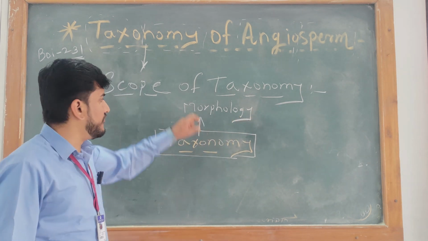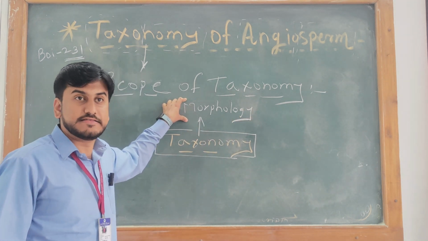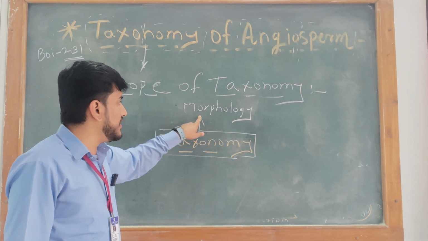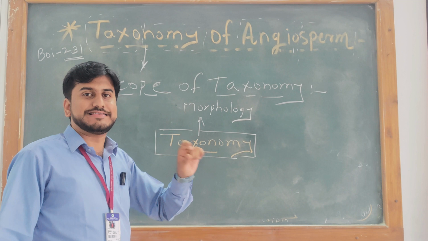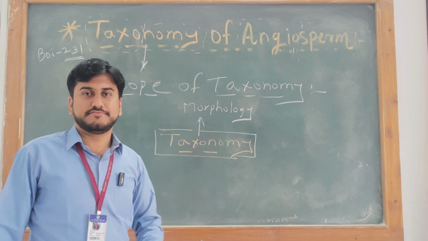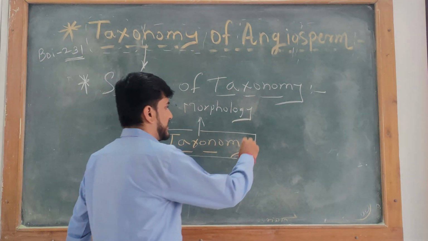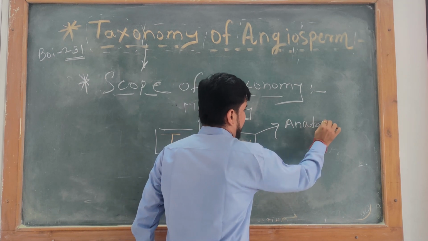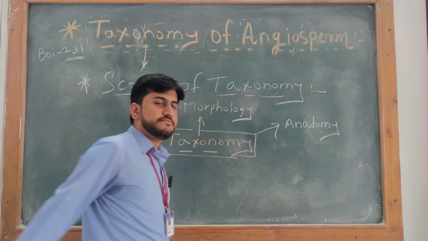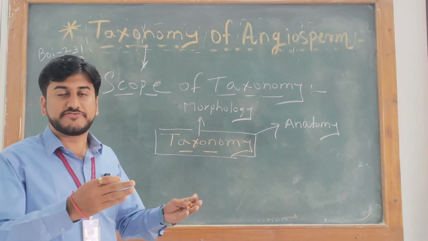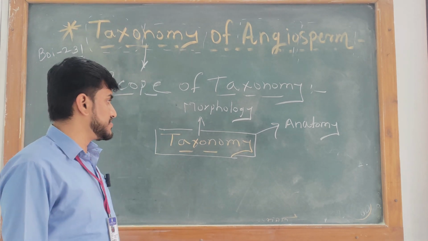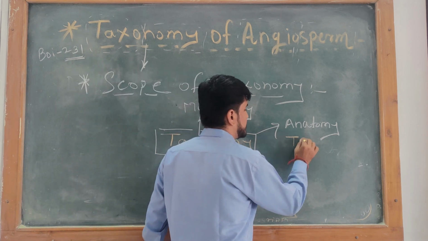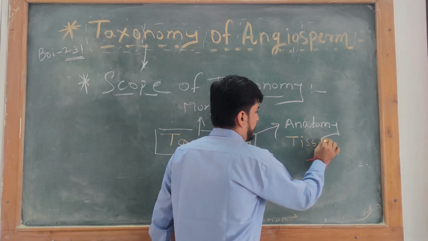Morphology is the external appearance, the study of external characteristic features, and morphology is utilized in the description of taxonomy. Second one is anatomy. Anatomy is the internal structure. You are very well aware of taking a transverse section and observing under a microscope the tissue system of the plant body.